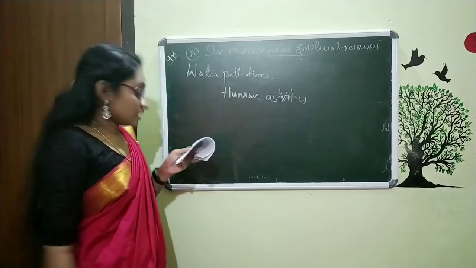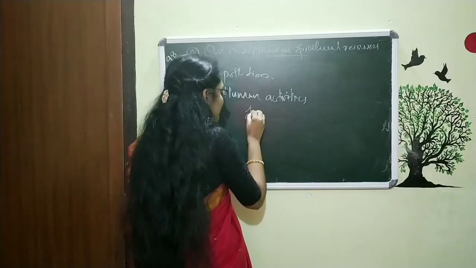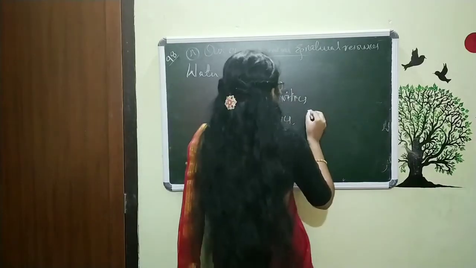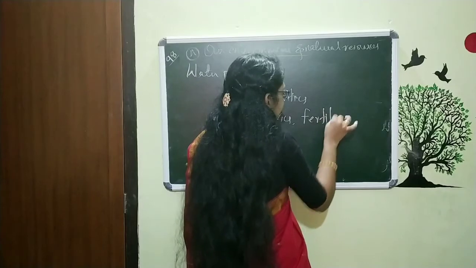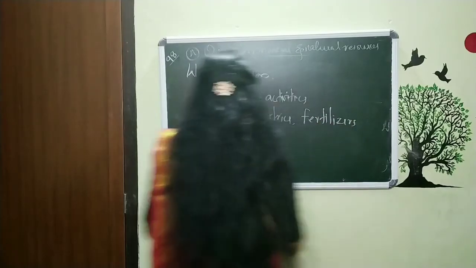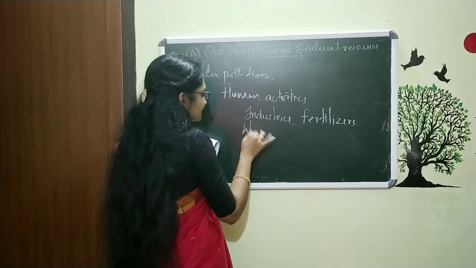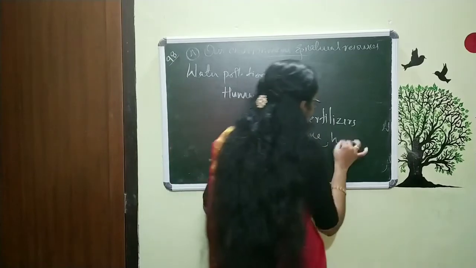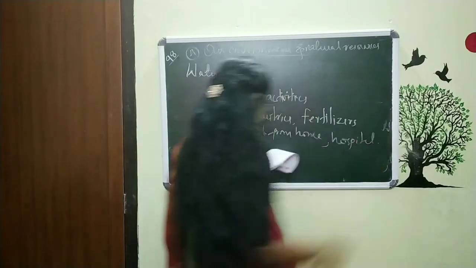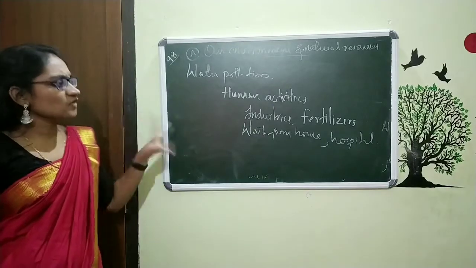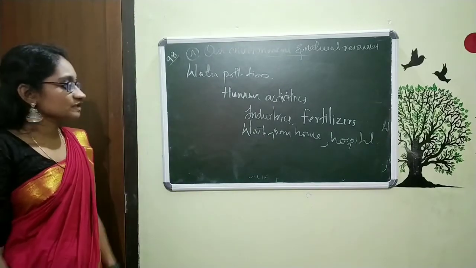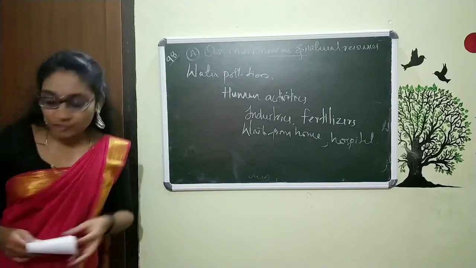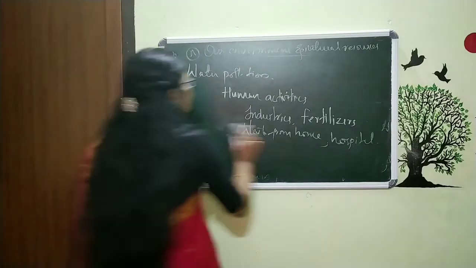Human activities include working of industries, usage of fertilizers, then the waste from home, hospital, etc. So these are some of the pollutants that cause water pollution. The industrial waste, fertilizers, waste from home, hospital, etc. cause water pollution.